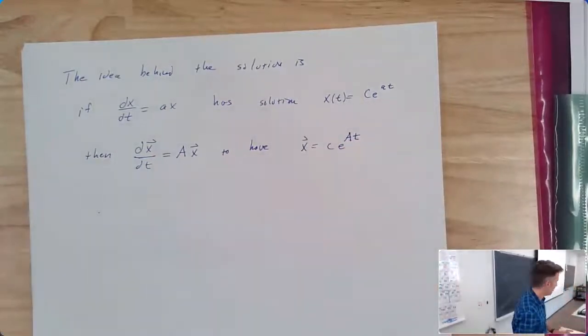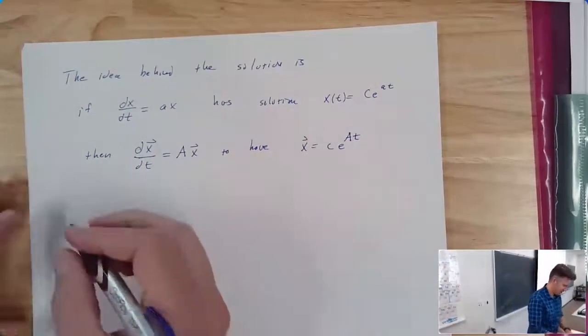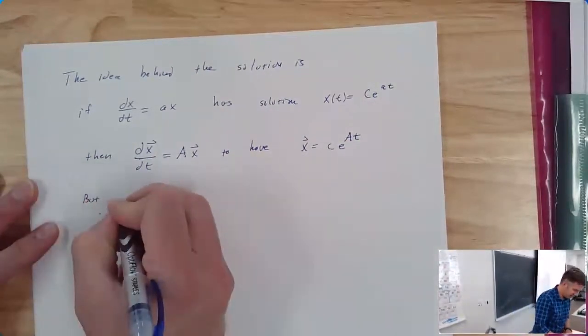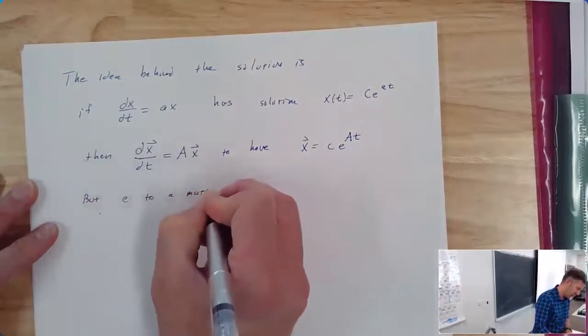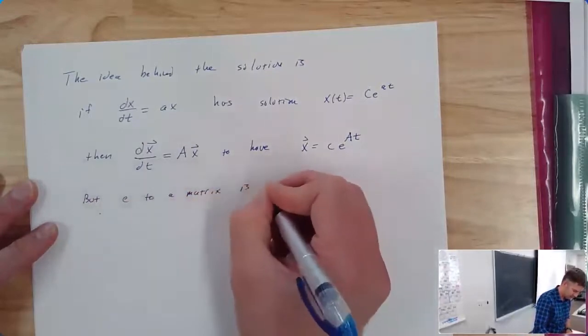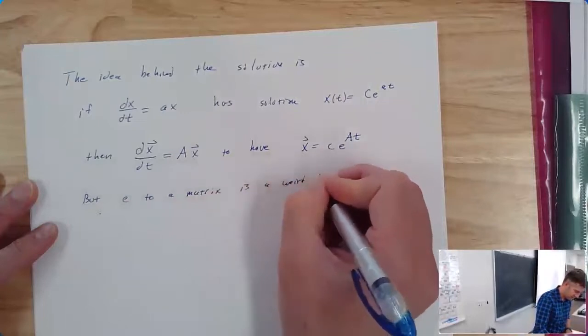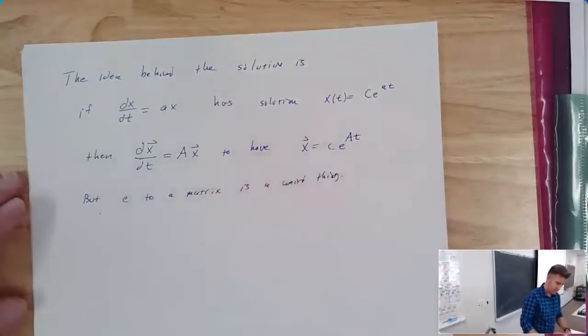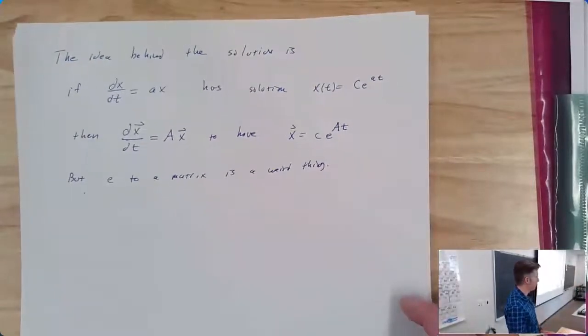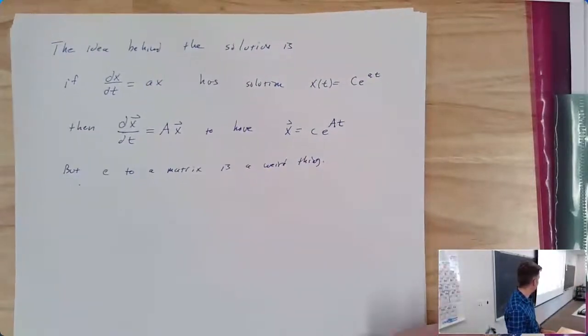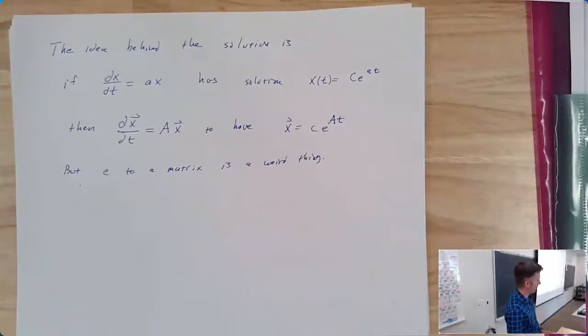The problem is e to a matrix is a weird thing. It is something people define in weird upper-level math classes. So what we do instead is we replace e to the At with eigenvalues and eigenvectors.